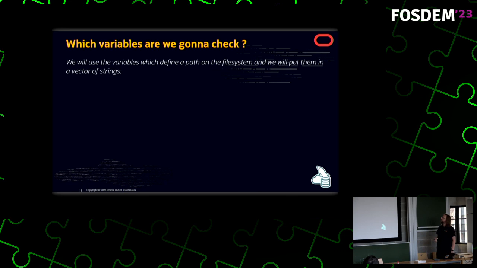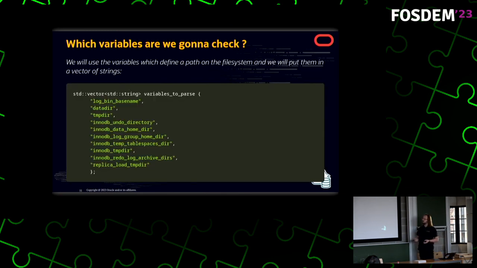So which variables are we going to check? If you're a MySQL DBA, how many variables define a path that you need to check? Do you have an idea? 1, 2, 3, more, less? It's a quiz. It's a lot, and more and more.